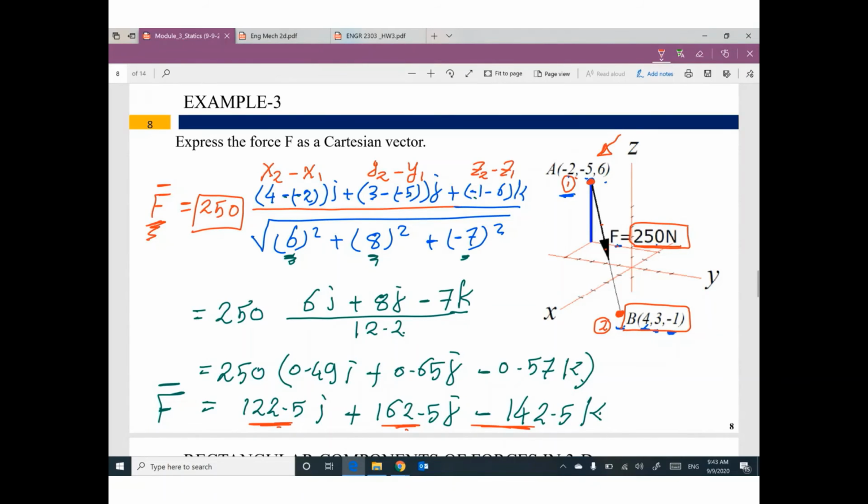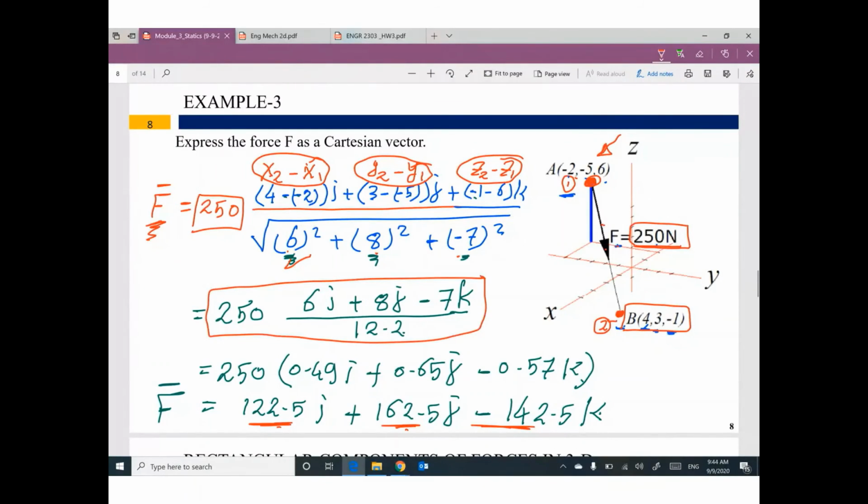Which one is the first point? Which one is the second point? This force is coming from A to B, so A is the first point, B is the second point. Then divide by the square root of this value squared, plus this value squared, plus this value squared. So I can get these numbers, and I can simplify all of this stuff to finally get three components, one in x, one in y, and one in z.